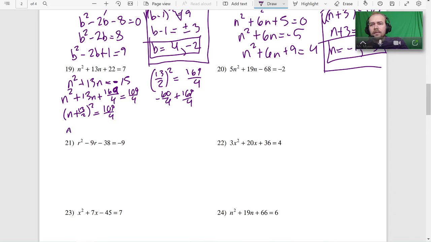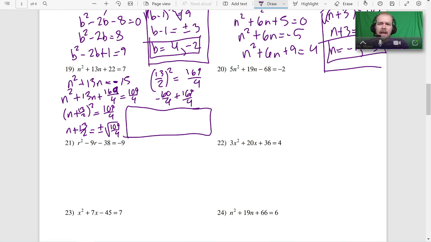Square root both sides and take this plus or minus. Oof, this one's rough. Man, if your teacher gave this to you, I'm sorry. This is crazy. 13 over 2 would be the same thing as 26 over 4. I'm going to subtract that on both sides. Oh, you know what? But actually, it's going to be better if I don't, because here's the answer. We're just going to skip straight to the answer here. Yeah, plus or minus the square root of 109, because the square root of 4 is 2.